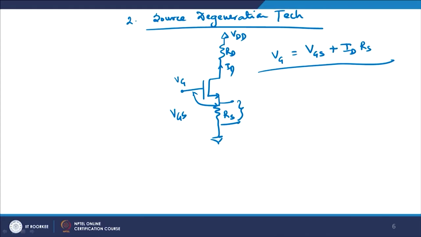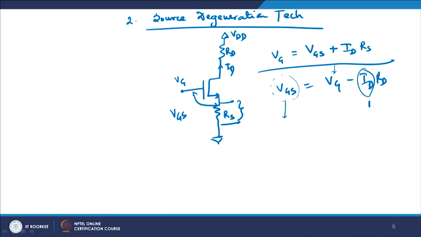Therefore, since VG is almost fixed, I can safely write down that VGS will be equal to VG minus ID RS. Now what happens is, if you assume that VG is fixed, even if ID varies because of some reason or other, then my VGS will also vary in the opposite direction in order to compensate for the variation.